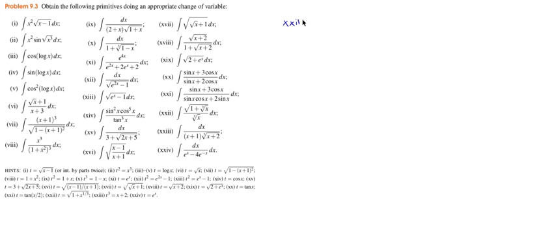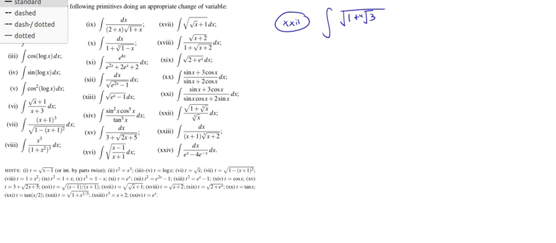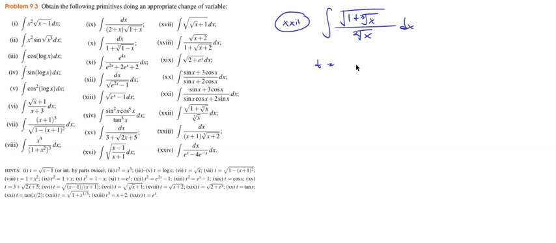Part 22. This is the square root of 1 plus the cubic root of x, divided by the cubic root of x. Obviously, we want to get rid of this, so t is going to be the square root of 1 plus the cubic root of x.